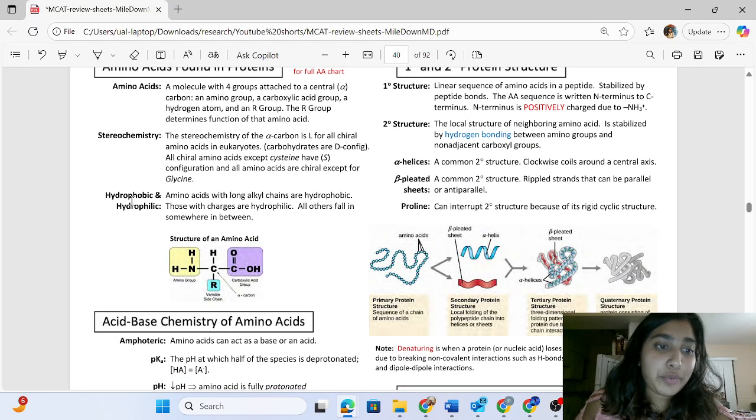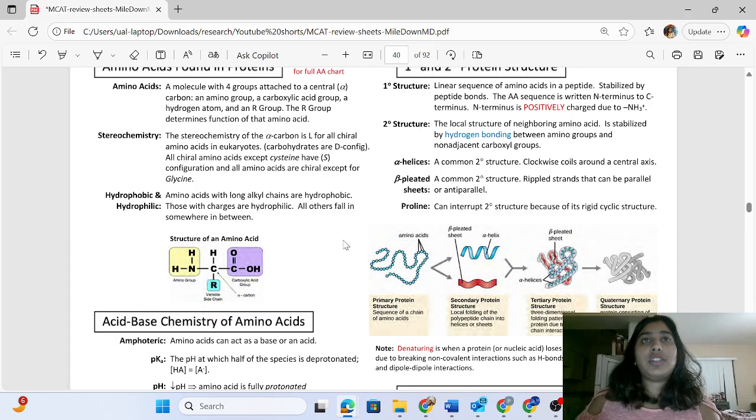Okay, now we came to the hydrophobic and hydrophilic part of it. Amino acids with long alkyl chains are hydrophobic, because an alkyl chain is a long hydrocarbon chain, which has multiple C bonds.